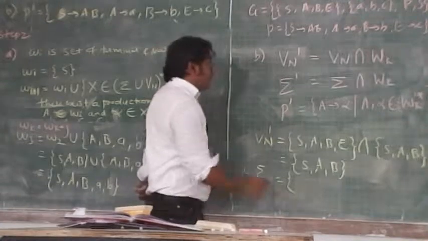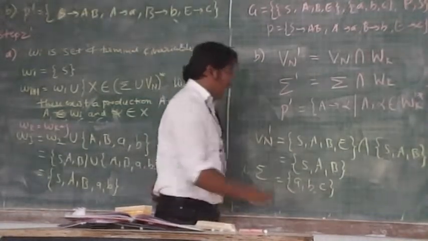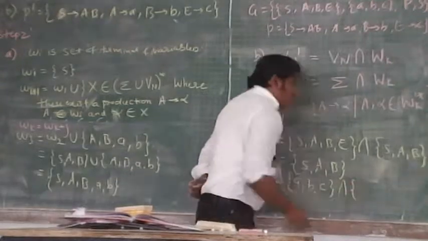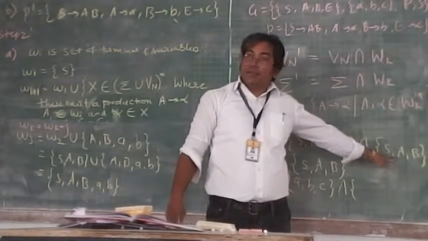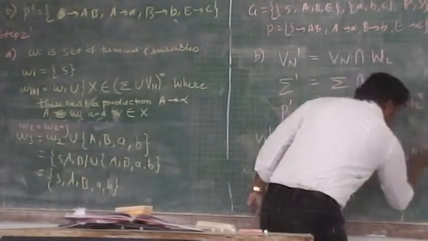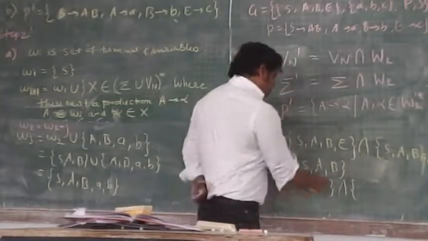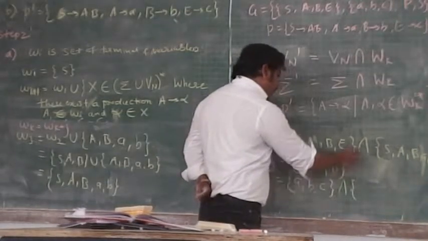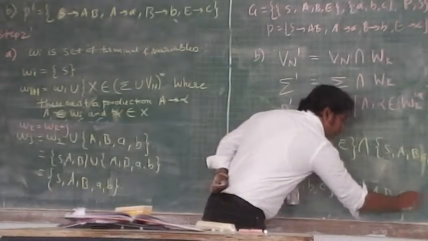Sigma is small a, b, c, intersection SAB. Wk was SAB, small a and small b. So the intersection gives small a, small b.